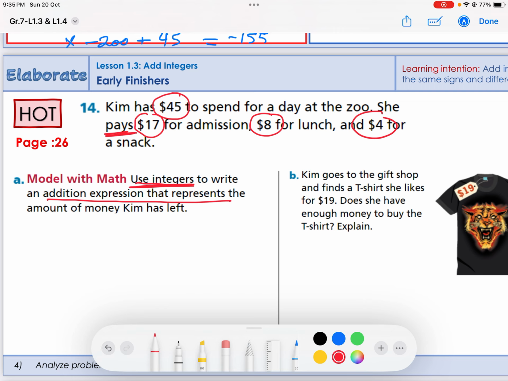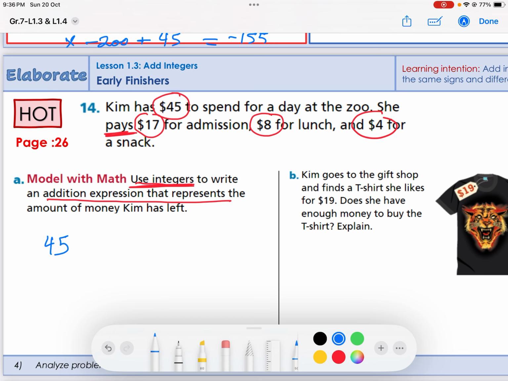Here again, following the keywords is really important. Let's start with what she has. She started with $45. It's positive because she started with this amount of money. But then they're telling us she pays. Pays means she no longer has this money, so we're going to take it away from her.